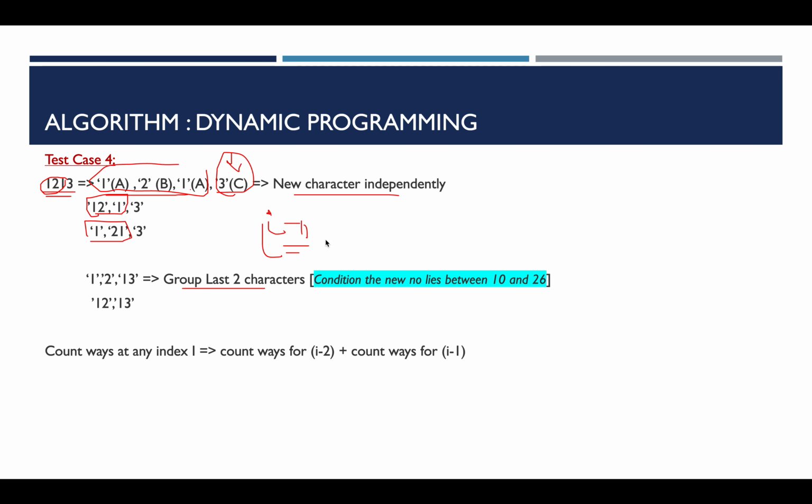Also, you need to make one note here: whenever there is a 0 as the last character, you don't need to incorporate this because it will never be treated independently. There is no mapping for 0 to the English characters. So we need to put a condition there that this is not true whenever the last character is 0.